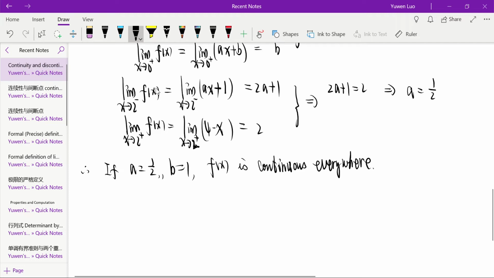That's the continuity of a function. And if any of these three conditions is not satisfied, then it corresponds to a discontinuous point.